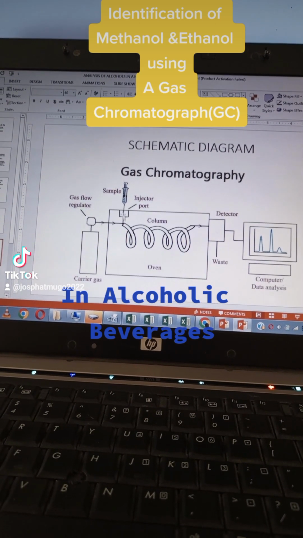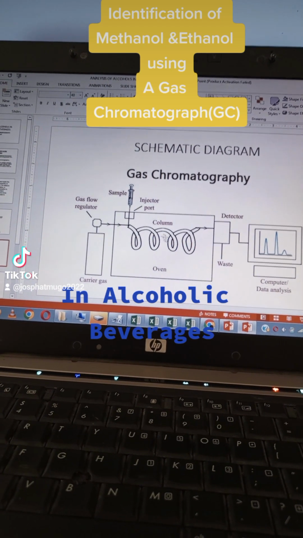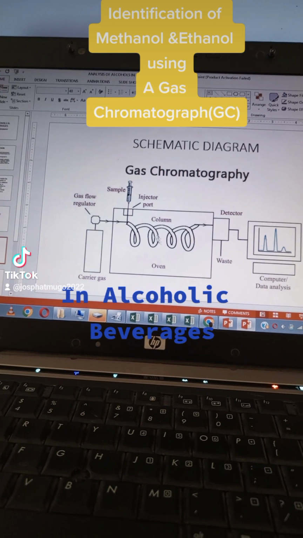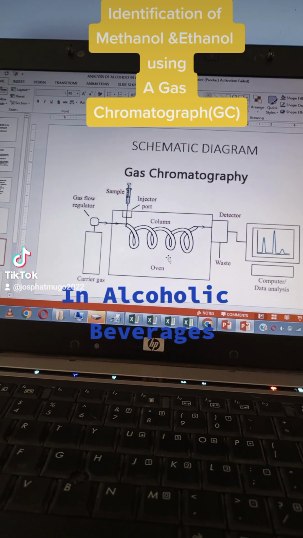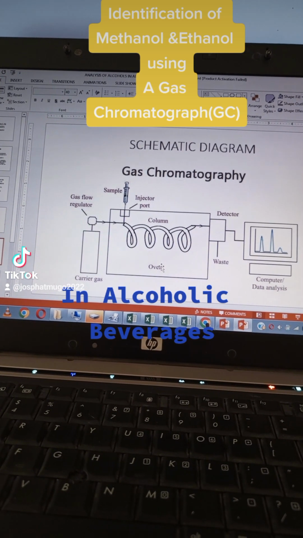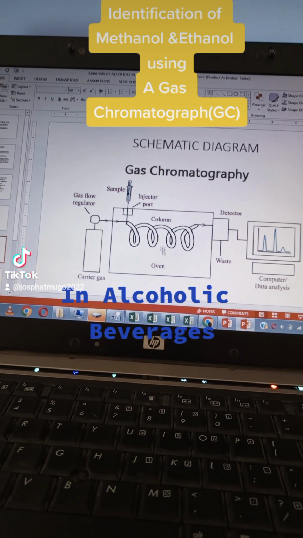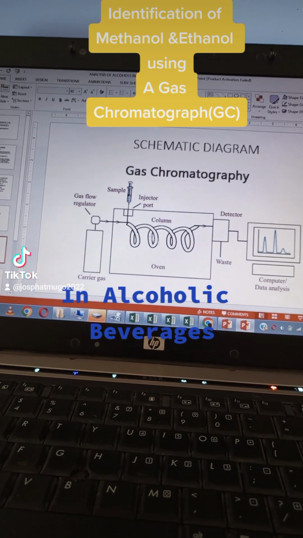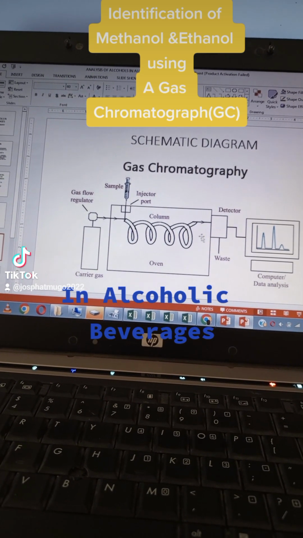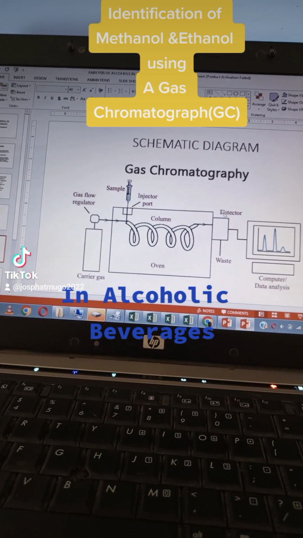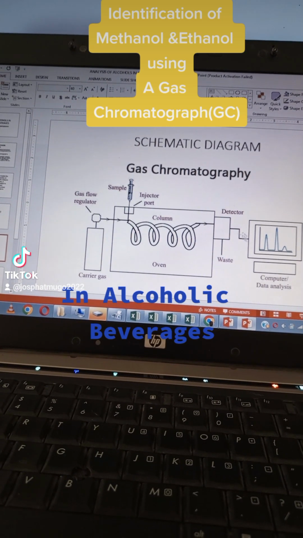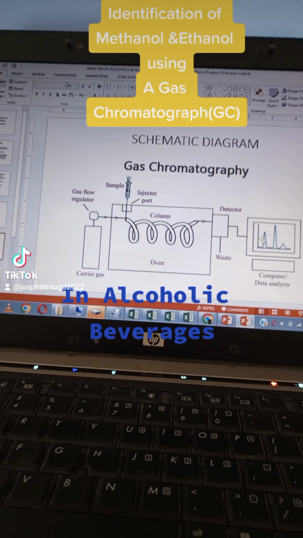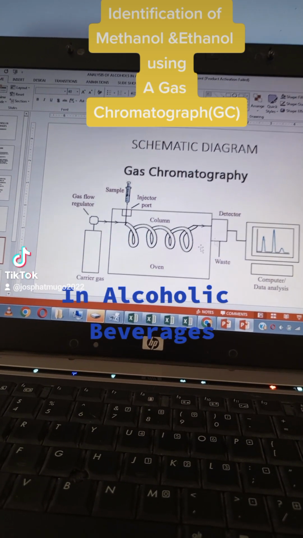Then the sample goes through this column, where the separation takes place. The column is positioned inside an oven which has higher temperatures. When the sample undergoes separation in the column, the response is detected by the detector here, and this detector passes the information to your computer or PC for analysis and quantification.